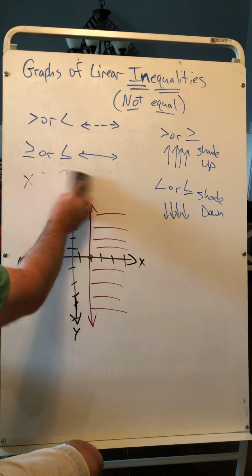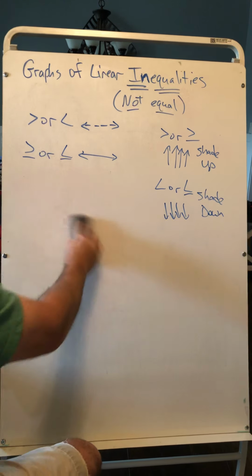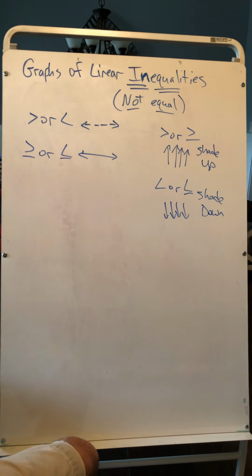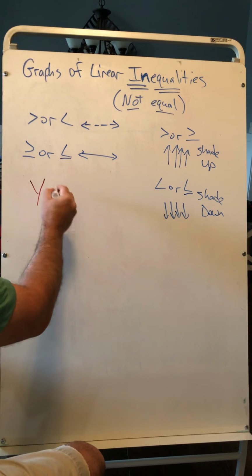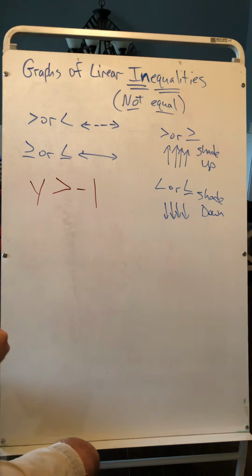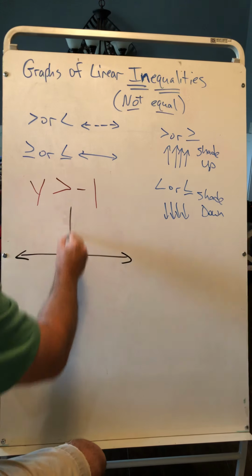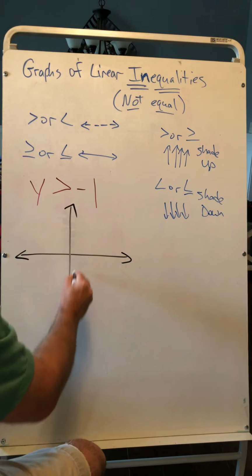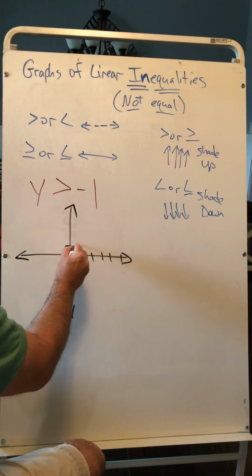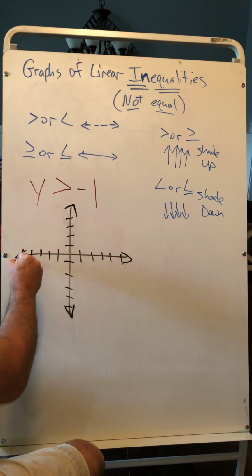The second type of special case will be the ones that have the y on it, such as y is greater than -1. So I'm going to draw my graph. 1, 2, 3, 4, 5.